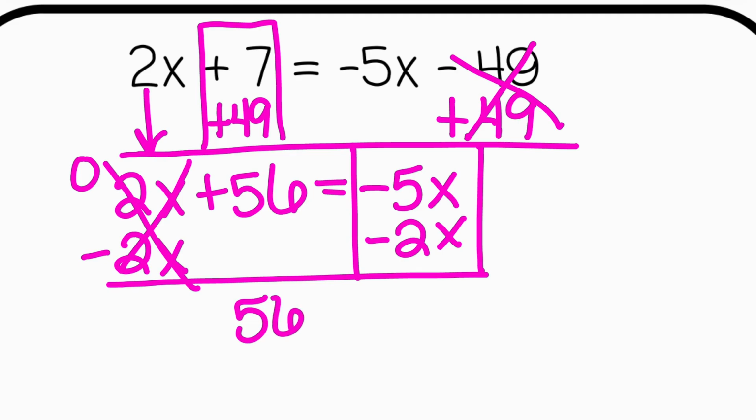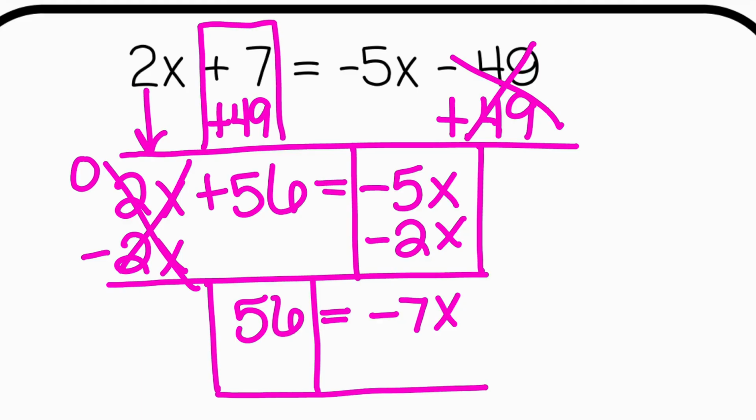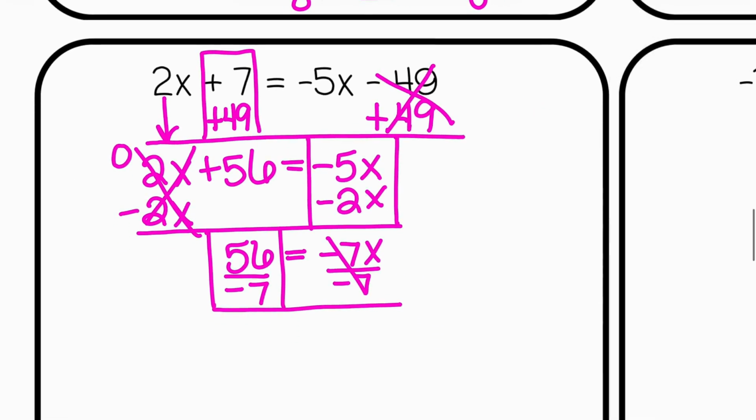So I have 56 equals negative 5x minus 2x is negative 7x. Box your 56. And then your last step, when they're side by side, you need to divide. And in this case, we'll divide by negative 7. And then 56 divided by negative 7 would give me x equals negative 8.